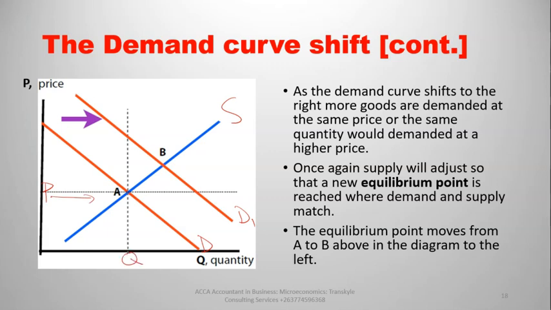Okay, these were the quantities which could be demanded. So this was the equilibrium point, at which the quantities demanded were originally priced at that level.